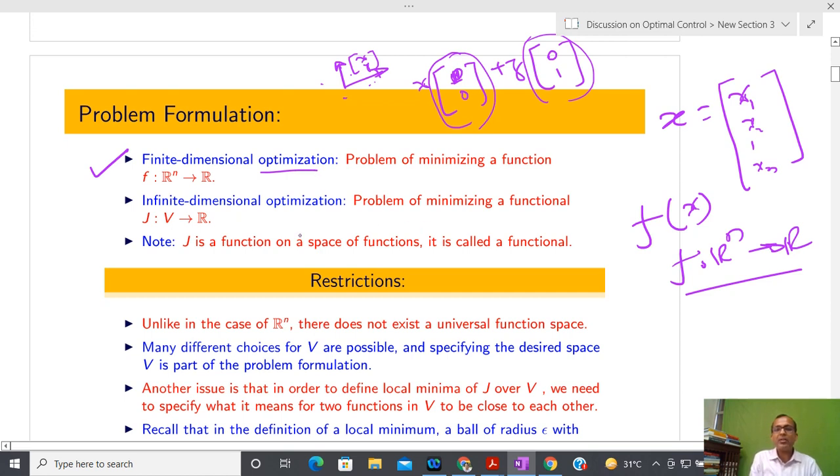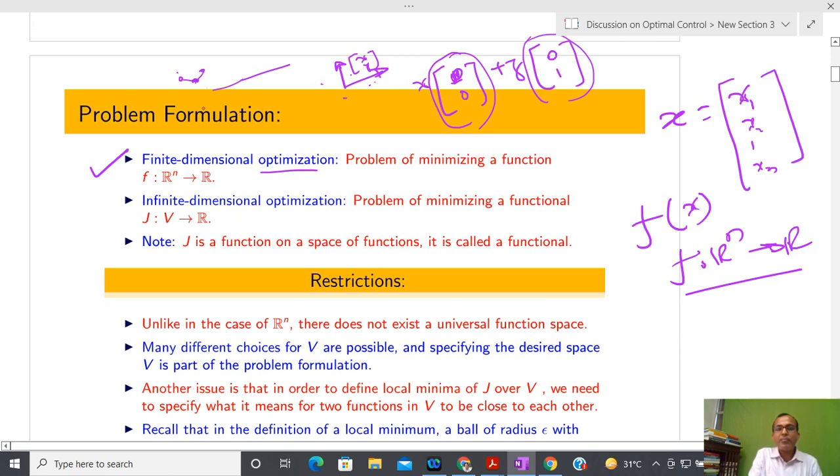Now in this problem I have two different classes. One class where there is no constraint. If there is no constraint, we have already seen that I can move in any direction. In order to find maxima and minima I have to check all the nearby vectors. Suppose this is the local minimum, so I have to see the situation of the nearby vectors, moving from here to here.